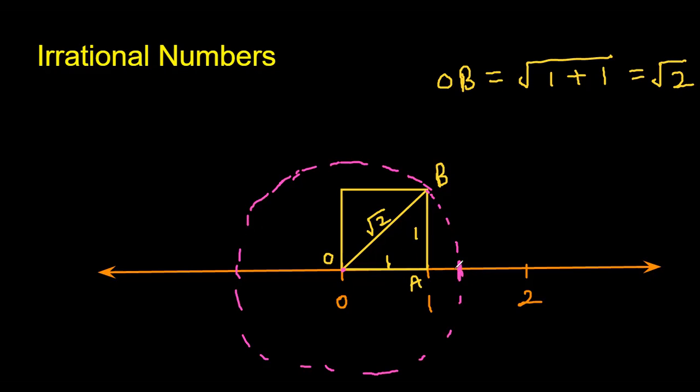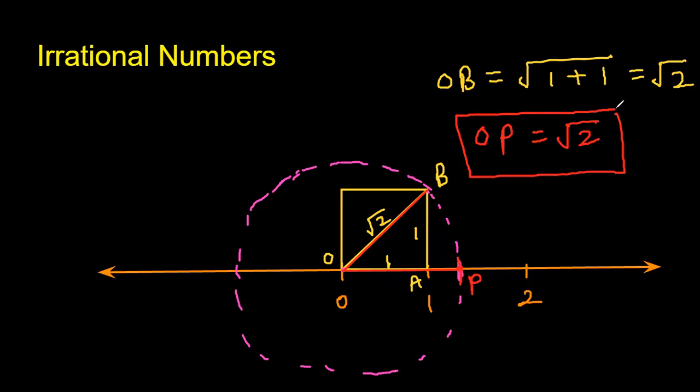The circle will cut the number line at this point. Let's name that point as P. That means the length of the radius of the circle should be equal, this length would be the same as this length. Yes, our OB would be the same as OP. OB is equal to OP is equal to square root 2.